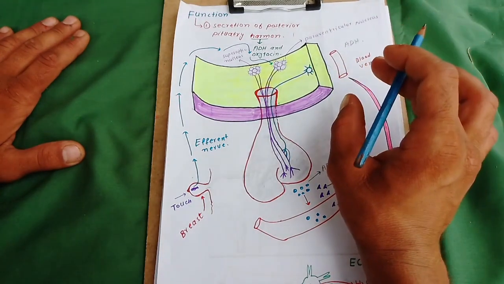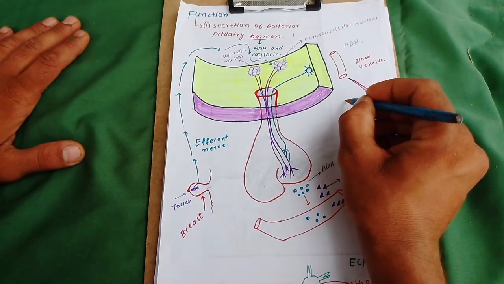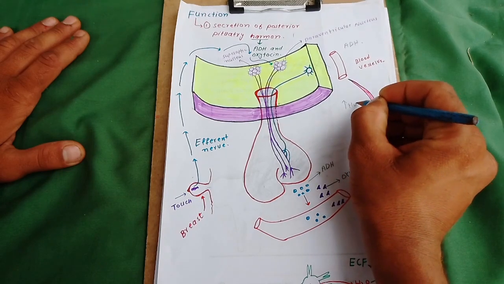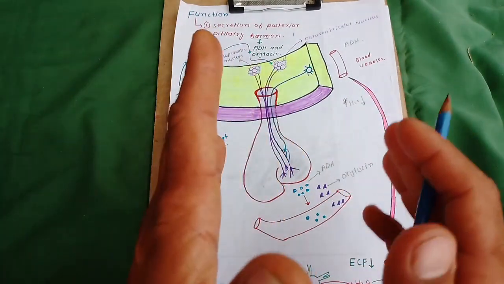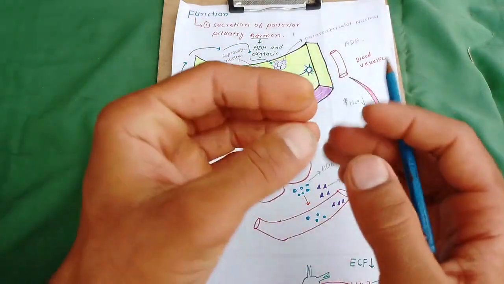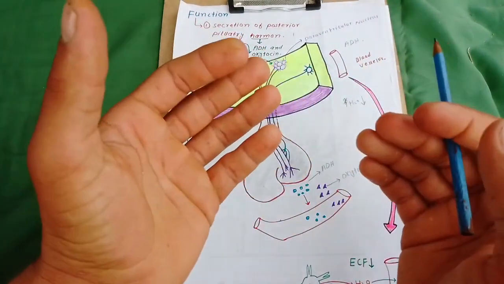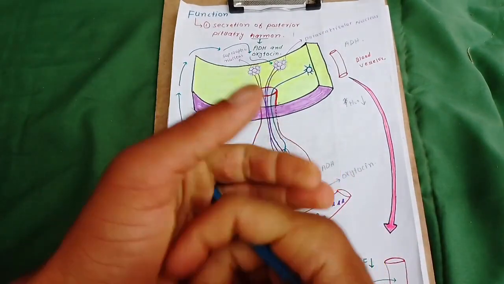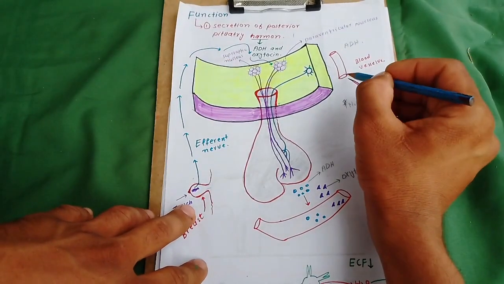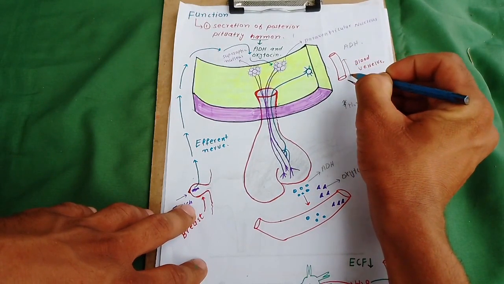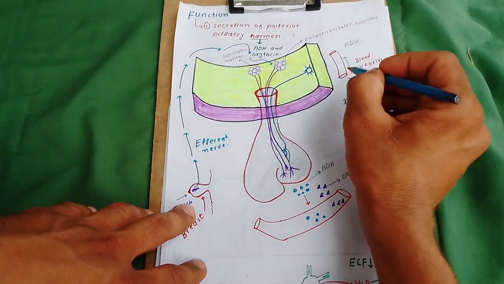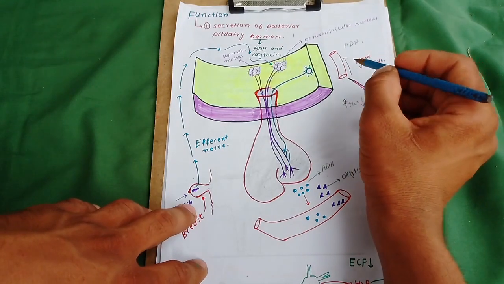When our blood water level goes down, the amount of water in the blood decreases. The concentrated blood, the blood containing the least amount of water, passes in this blood vessel.